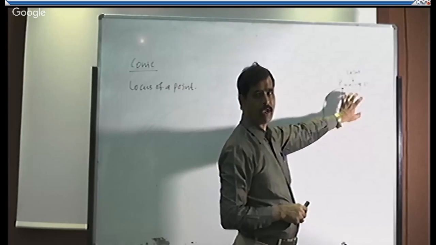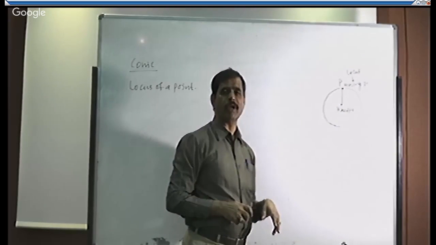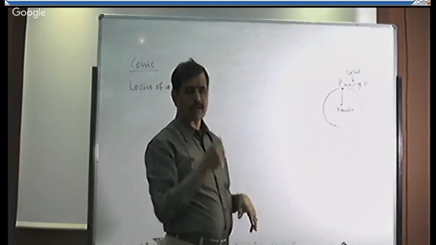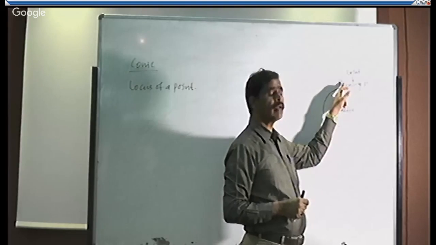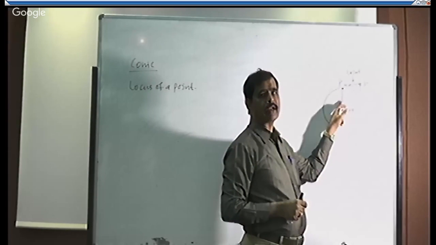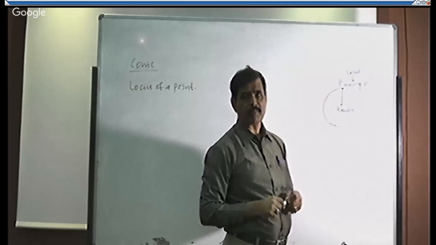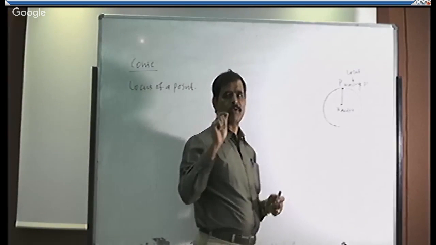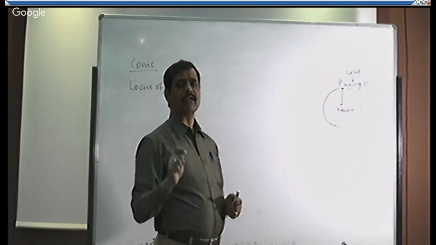In the same way, ellipse, parabola or hyperbola, all these are traced by a moving point under a given geometrical condition. Got it? Locus of a point is nothing but a moving point which moves under a geometrical condition.